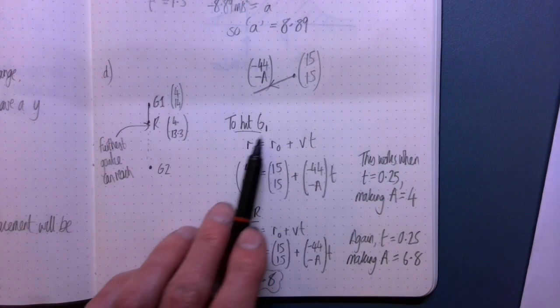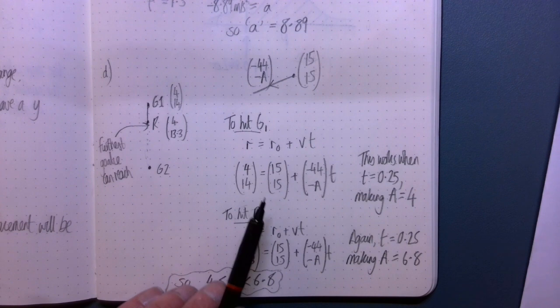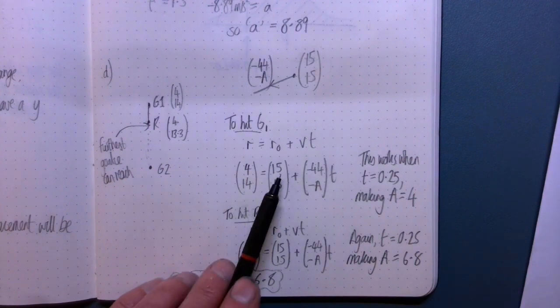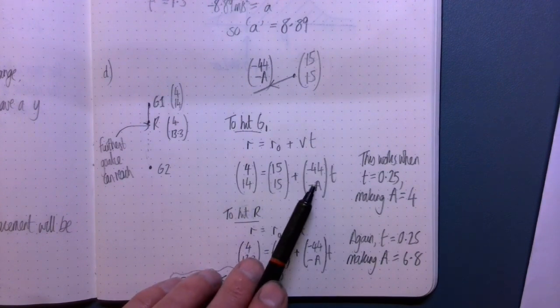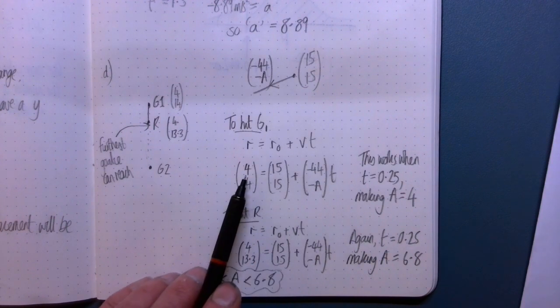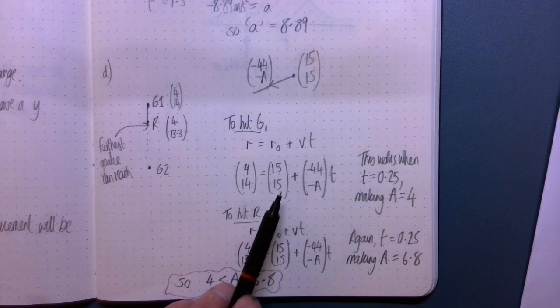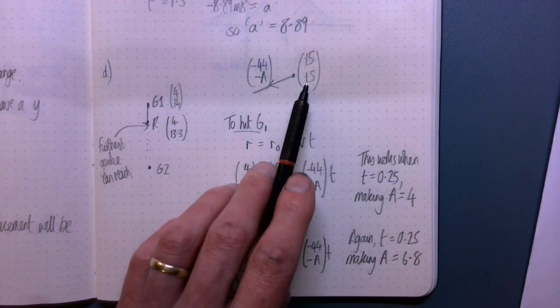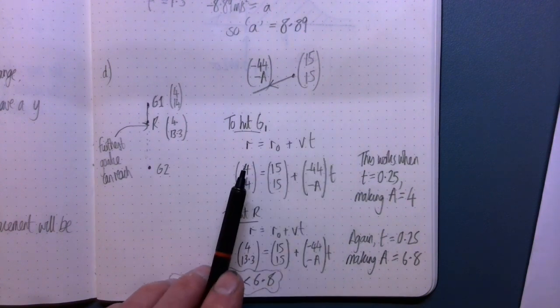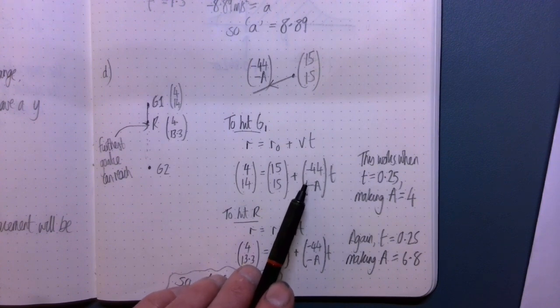So I started with G1. I said, okay, new position will be old position plus velocity times time. So we want the puck to reach the goalpost, (4, 14). This was where the puck started when Cindy hits it, and we're told that this is the velocity.